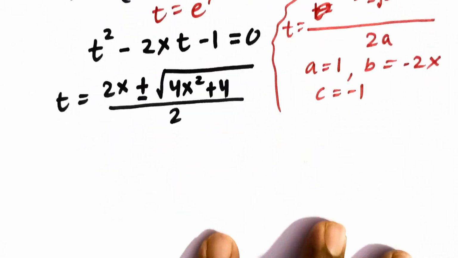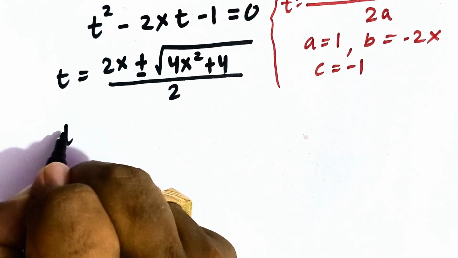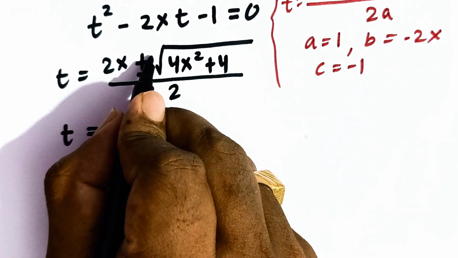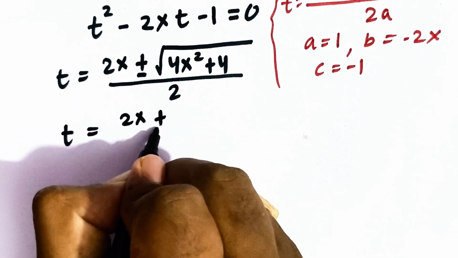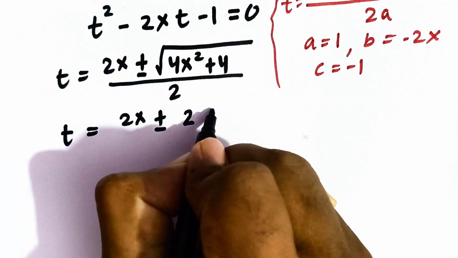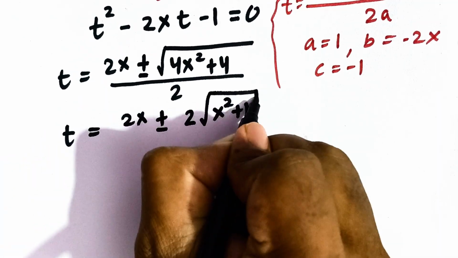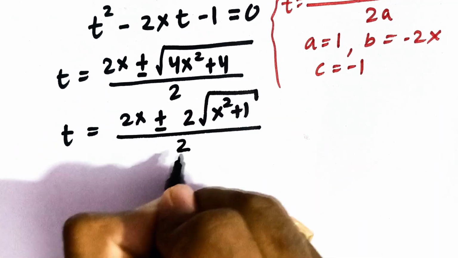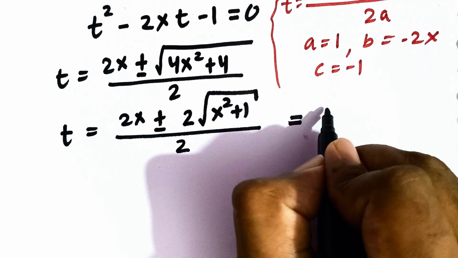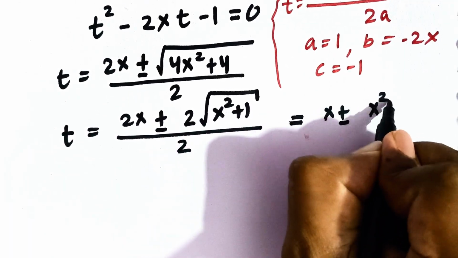Now, what is our t? We can take 4 common and 4 outside of the square root. So we have 2x, and when 4 comes outside of the square root, we have square root of 4, which is 2. Then it is (x² + 1) whole divided by 2. Then we can cancel 2 from the numerator. We have x ± √(x² + 1).